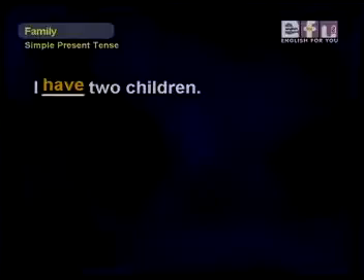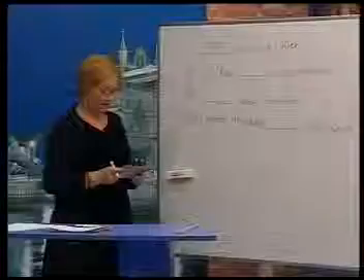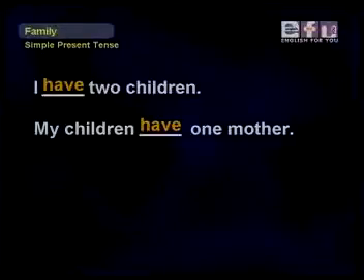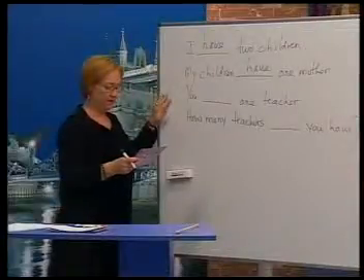Lisa. I have 2 children. Yes, I have 2 children. Really? Okay, Ali. My children have 1 mother. Oh, very good, Ali. My children have 1 mother. Isabel. You have 1 teacher.